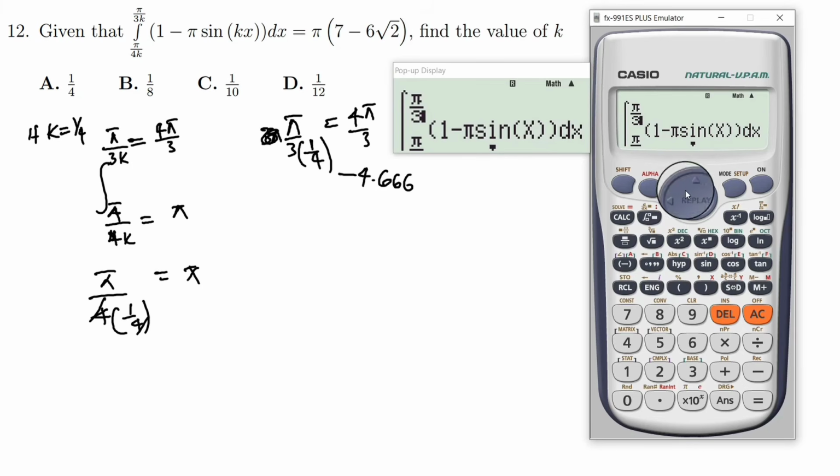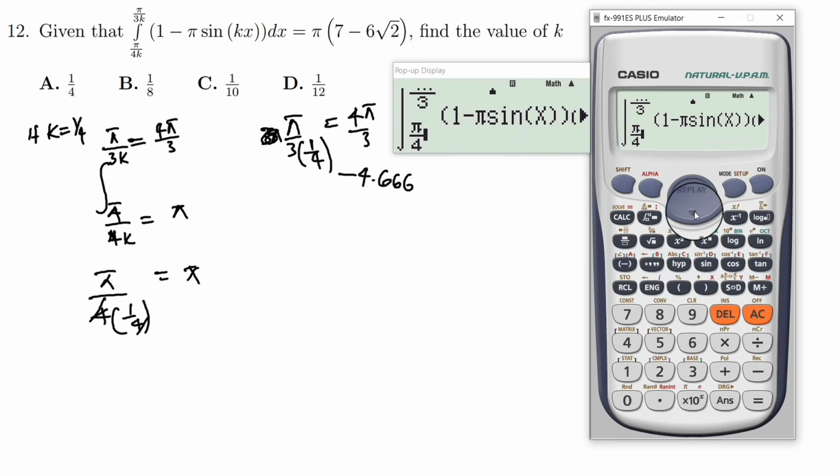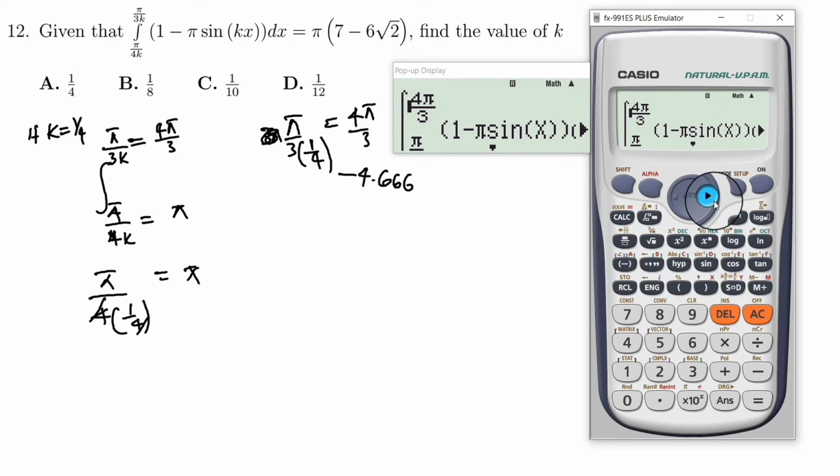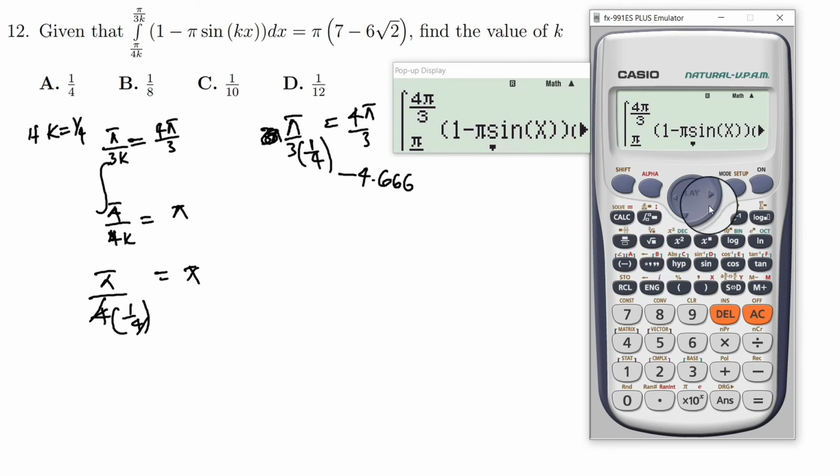So here we have this to be 4 pi over 3. Then here we have this to be ordinary pi. You can just leave it to be pi over 1. Alright. So then here we come to this place, like in the front of our x. Then here we have our k to be pi over 4.